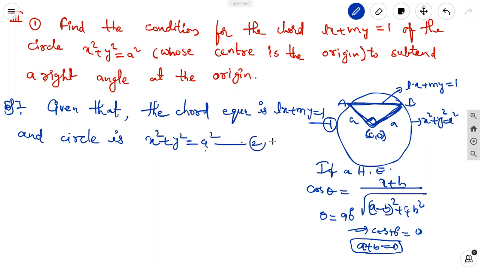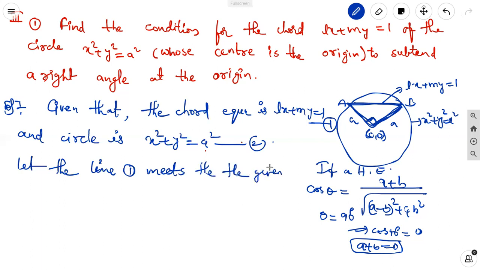It is equation 2. Now let the straight line, equation 1, meet the given curve at points A and B as shown in the figure.